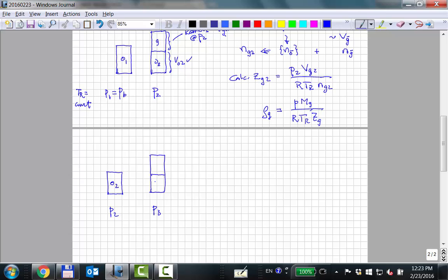The oil shrinks further. This gas is then removed, and we get the properties of the gas, the volume of gas removed here, the moles of gas removed, and accordingly the Z factor of that gas, its density.